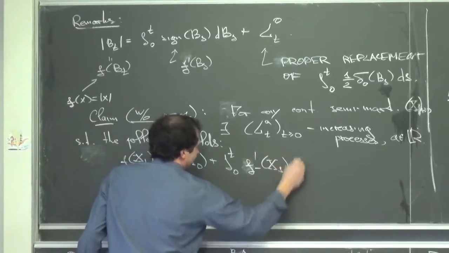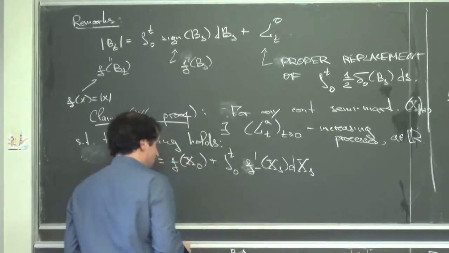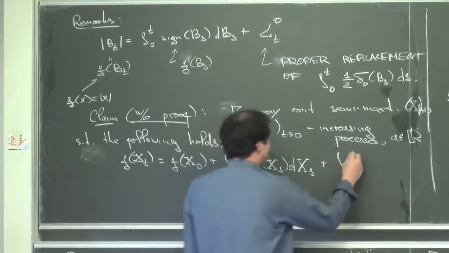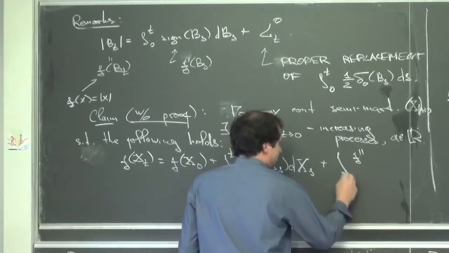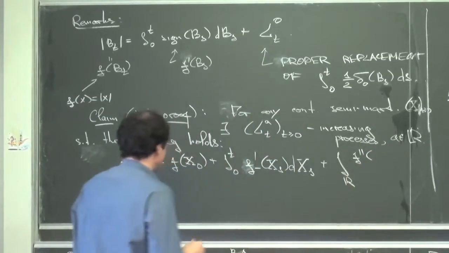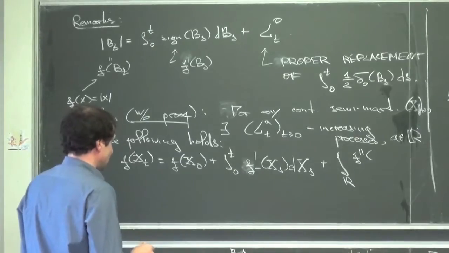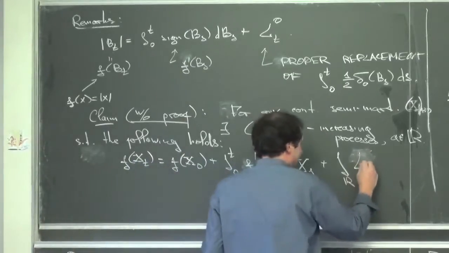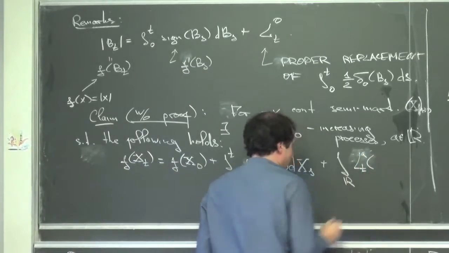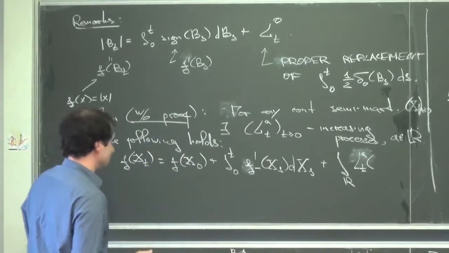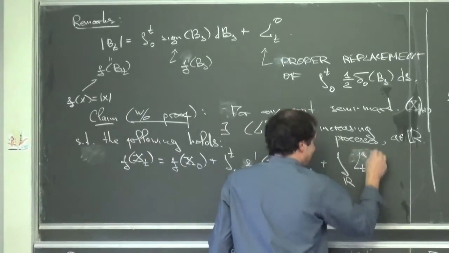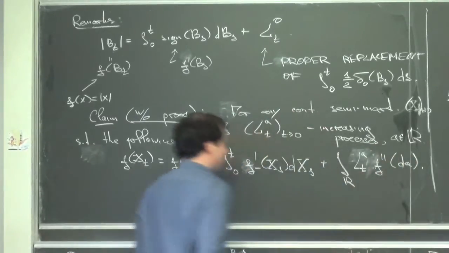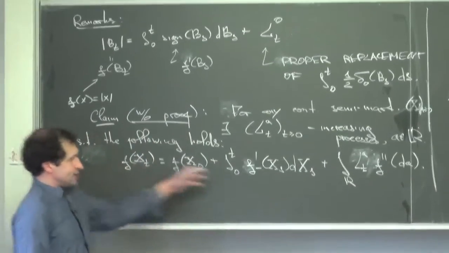Some notation I'm going to explain, what this means, and here plus the integral over R, what should I say? Sorry for this, I should write just the local time L_t^a, d a, okay, f'' da. So this is some formula.